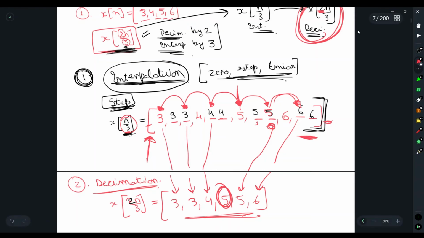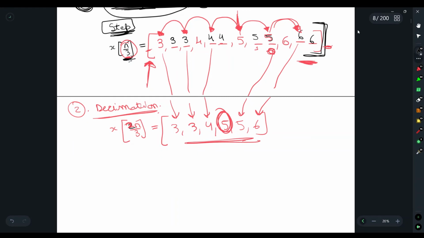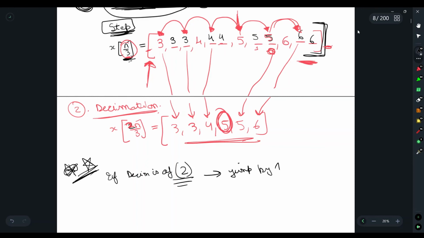That is, we were doing a decimation of 2 over here, so we will take a jump of 1. Let me write it down for you. If this is a concept, please star mark it, or whatever marks you make for important notes, and write it down that if the decimation is of 2, that is, the decimation is to be done by 2, then jump by 1 or take a leap of 1.